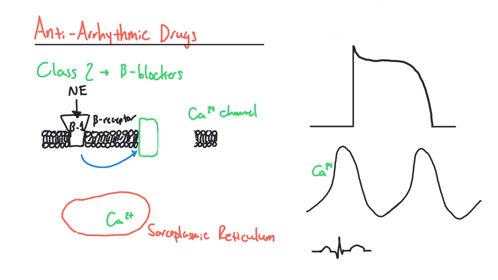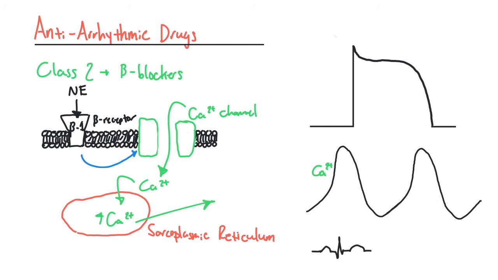So epinephrine or norepinephrine binding to the beta 1 receptor will actually cause this calcium channel to open and allow calcium ions to influx into the cell, as we see over here in the phase 0 depolarization. And this will go through a very similar process you've seen before with calcium-induced or calcium-dependent calcium release from the sarcoplasmic reticulum.